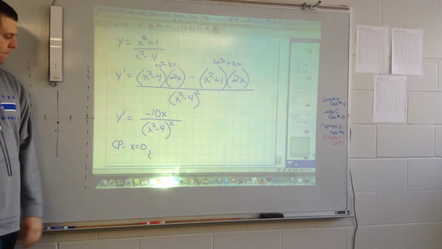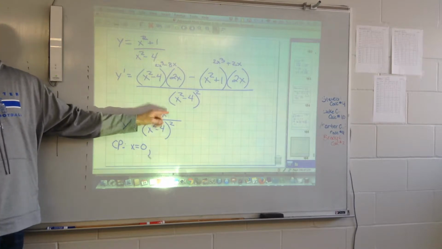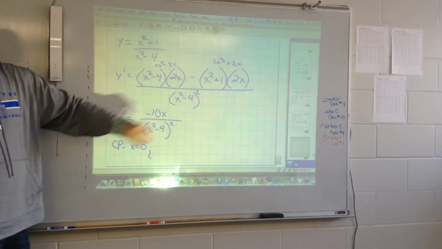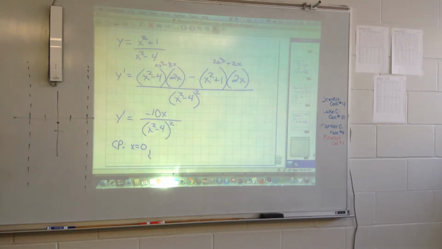Wait, why is 0 a critical point? Negative 10 times 0 is 0, and therefore the derivative would equal 0. Because we have to ask ourselves, when is the derivative equal to 0? Because our derivative is a fraction, when is a fraction equal to 0? When the top is 0, right? And the only way for the top to equal 0 is if x itself was 0.